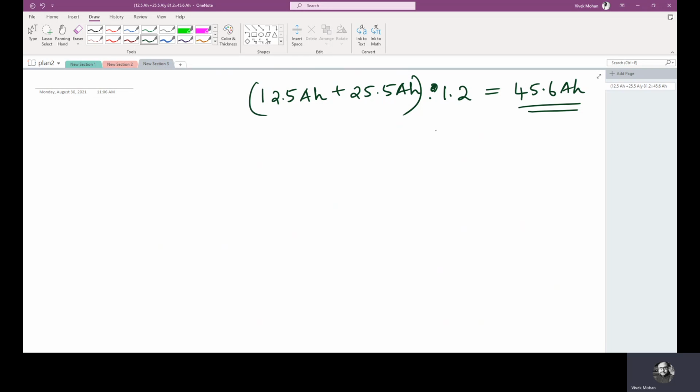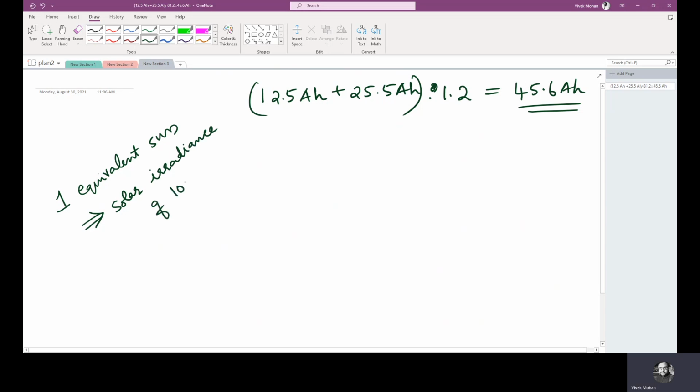Now, in the PV community, one equivalent sun implies solar irradiance of 1000 watts per meter squared.